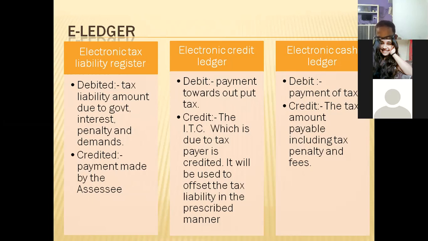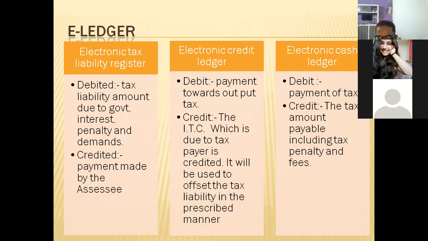Similarly, in the credit ledger, we have a debit column and credit column. In the debit column, whatever you have to pay towards output tax. When you are selling goods, you have to pay output tax. You collect from the party or customer, then you have to pay the tax to the government as output tax. When you buy the product from other suppliers, that is called input tax.